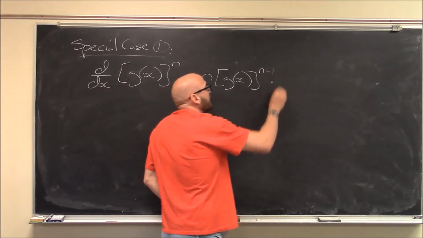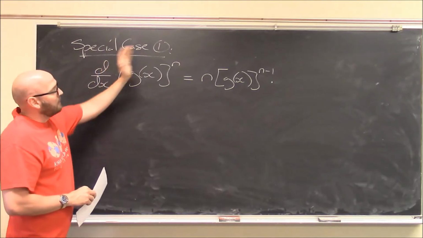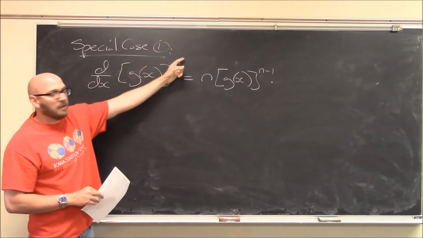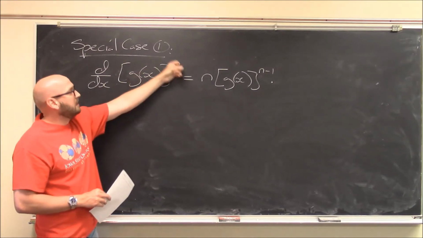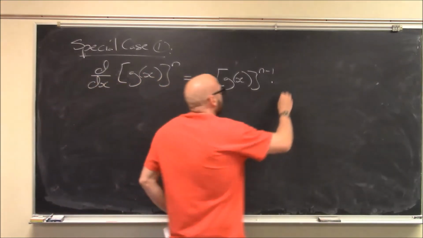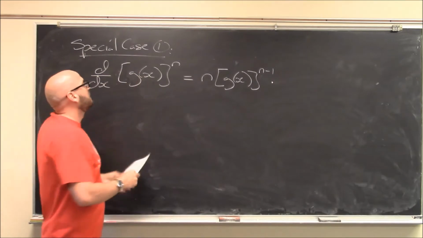But that's only the first half of the chain rule. Remember, the chain rule says it's the derivative of the outside function, evaluate the inside, and the outside here is the thing that raises everything to the n. So we've differentiated this nth power function, and the inside stayed the same, times, second half of the chain rule, the derivative of the inside function.